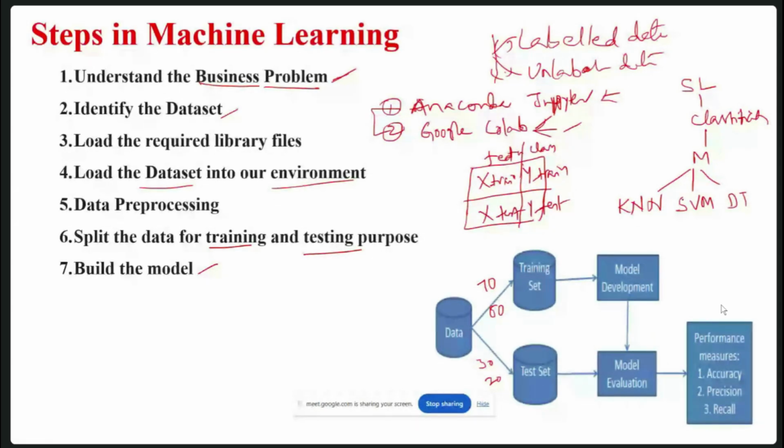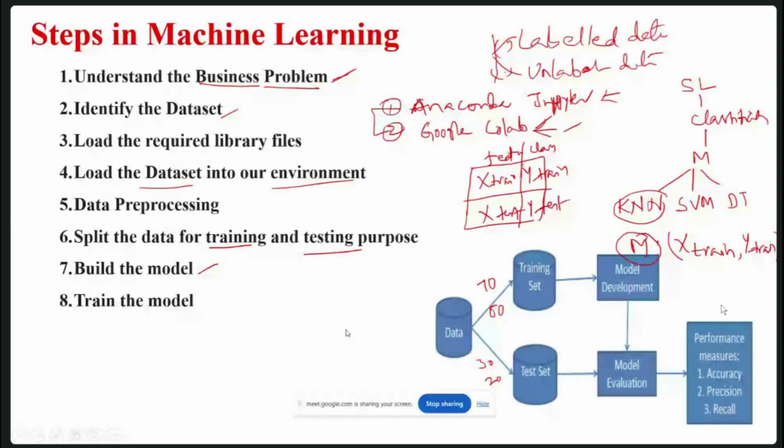These models will work on the training data, the corresponding X train data and Y train data. The model will extract the features from the X train data and map them to the corresponding class label.